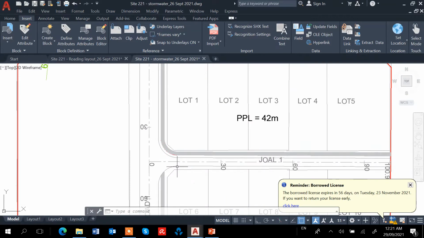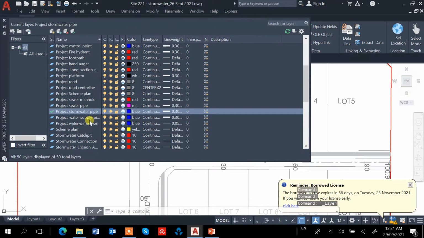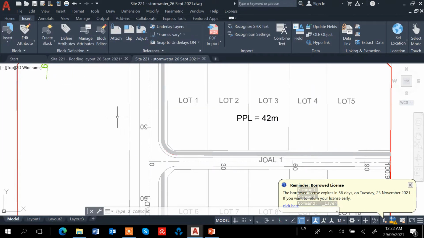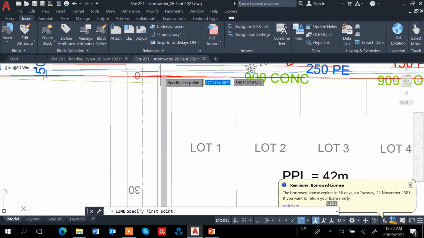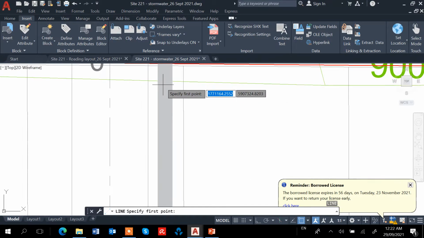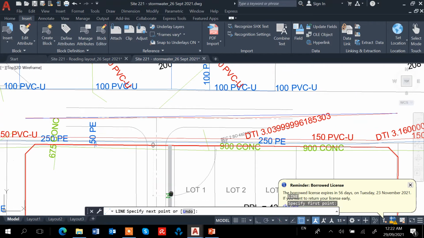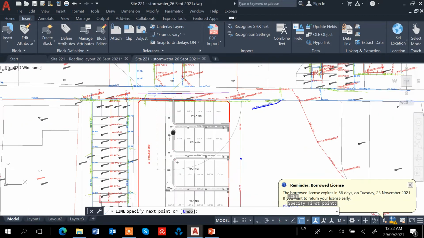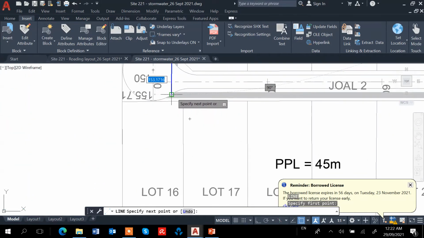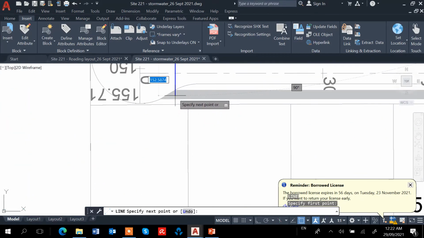Okay, I just do a line. I think I change the layer to stormwater pipe. Is that correct? So I just do a line. I'm going to go into this concrete pipe here, somewhere around here, and go all the way up to here.